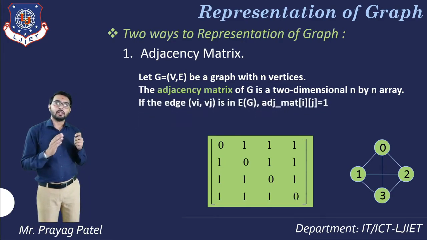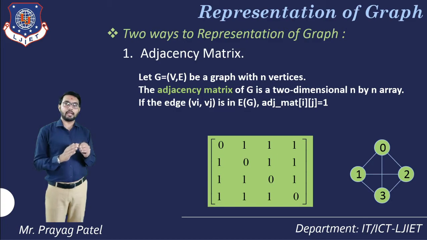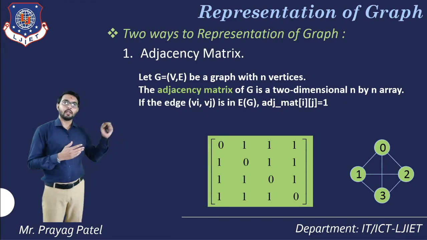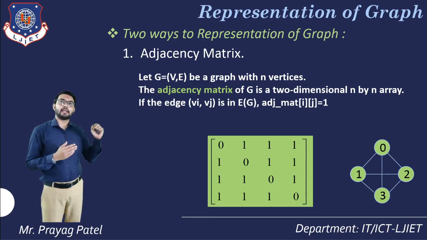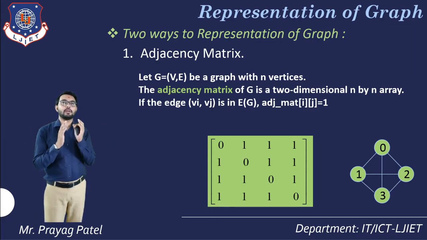Now consider the value of the matrix: if there is an edge from Vi to Vj, such as node 0 to node 1 or node 0 to node 2, which is in E, then adjacency matrix ij equal to 1, meaning a path from one node to another is available.